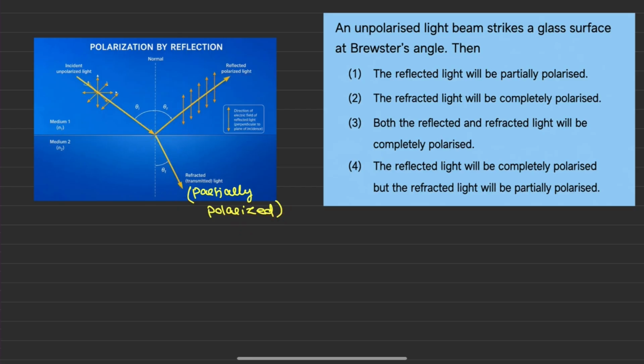Okay, let us go with the options. They are saying the reflected light will be partially polarized. No. The reflected light will be completely polarized. No. Both reflected and refracted light will be completely polarized. No. The reflected light will be completely polarized, but refracted light will be partially polarized. So it is the best suitable answer for this question.